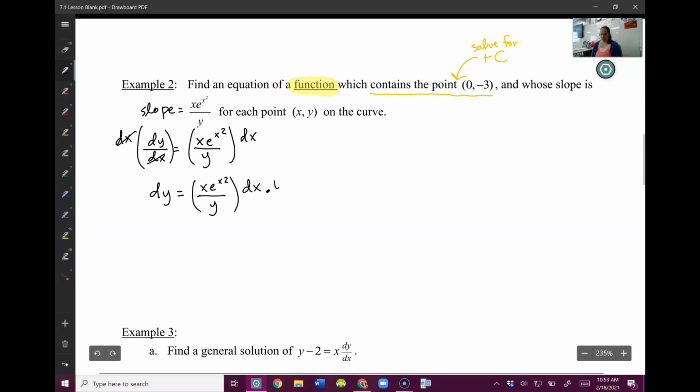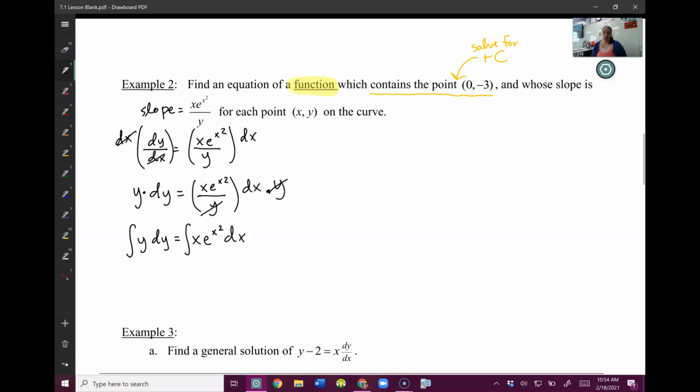Then I can times by y to bring my y's all to one side and my x's all to the other side. Now double check. Y's and dy's on one side, x's and dx's on the other side. Check. So now I can integrate.